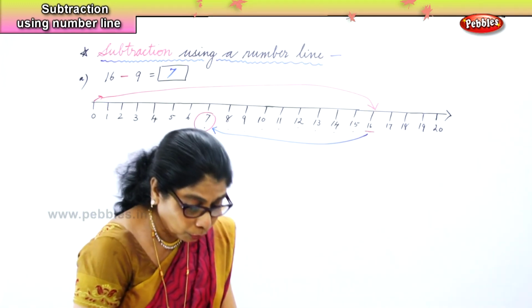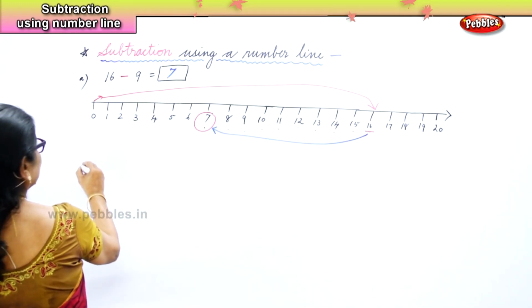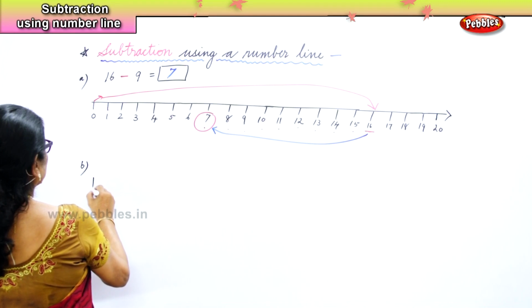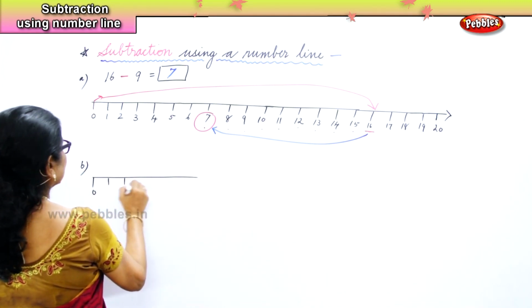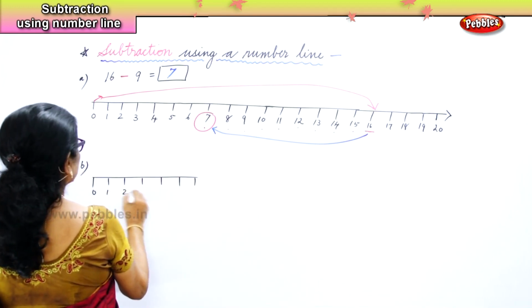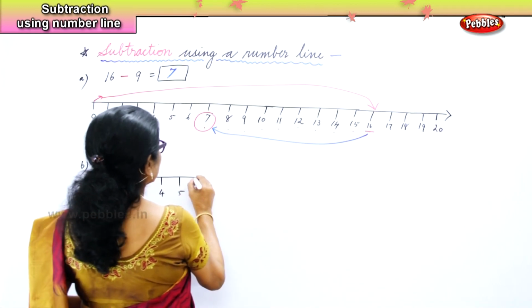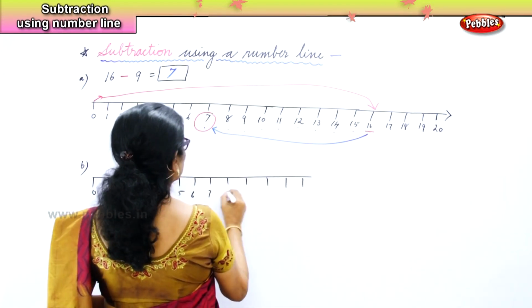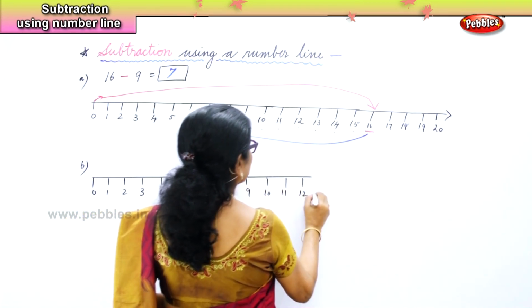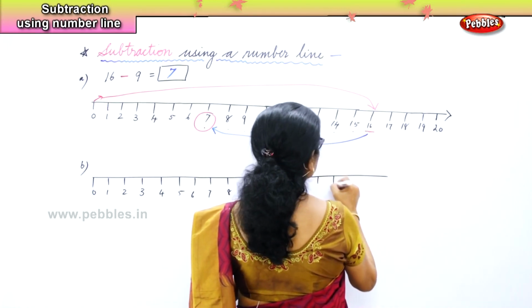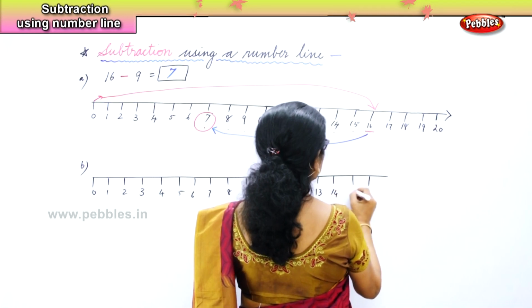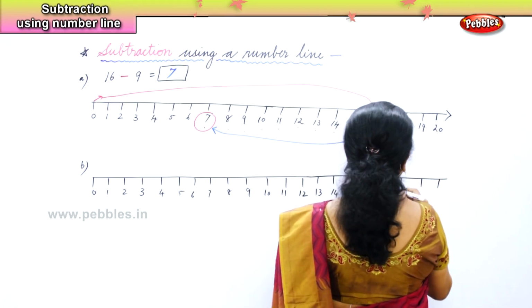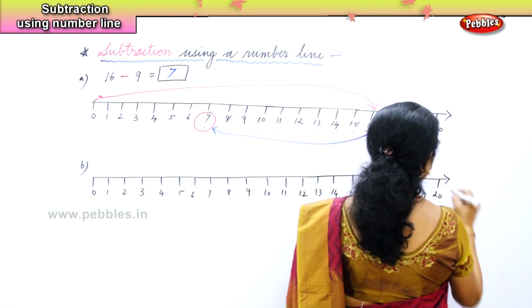Okay. We will do one more sum for you. 18, 19 and 20, and the number line can go on.